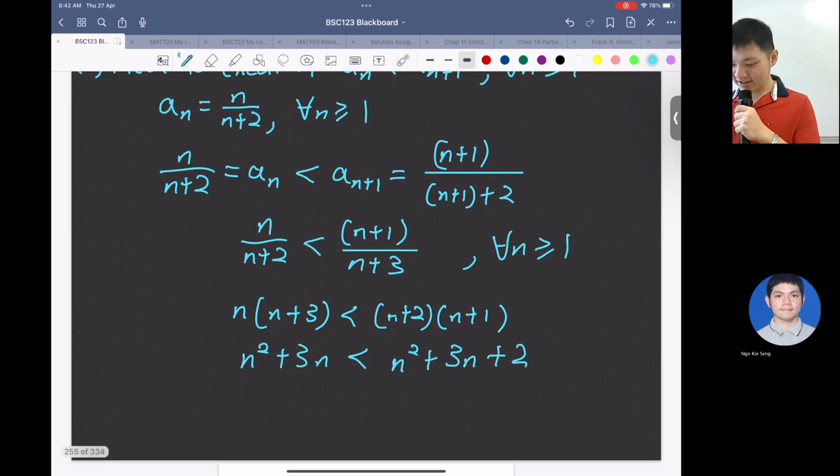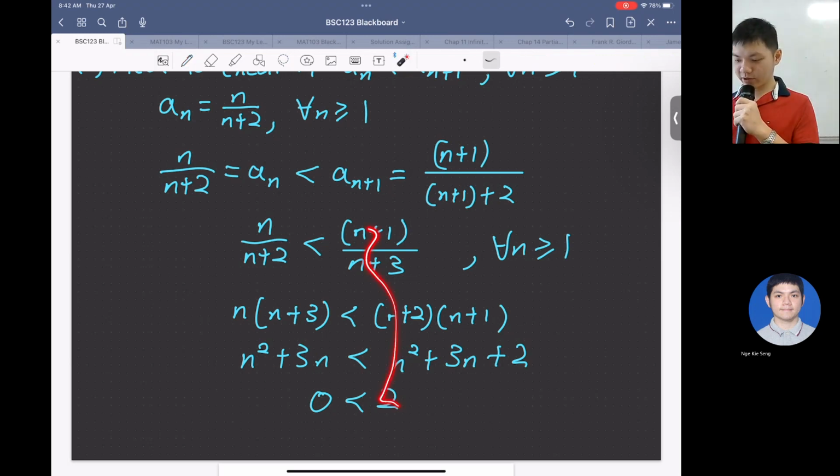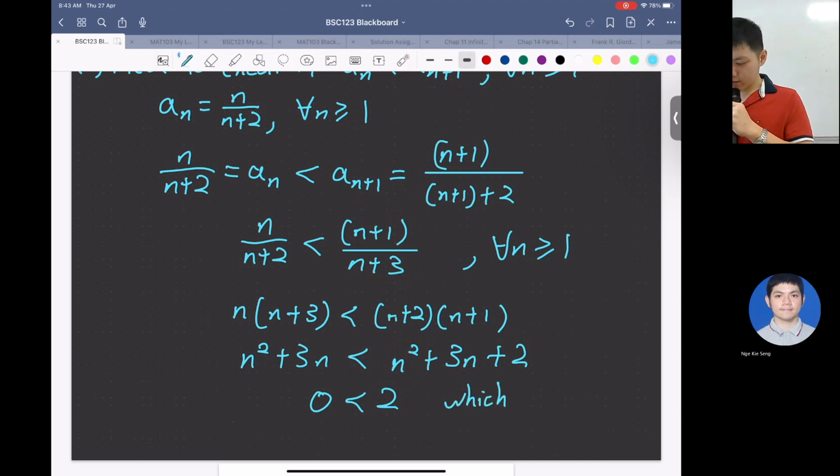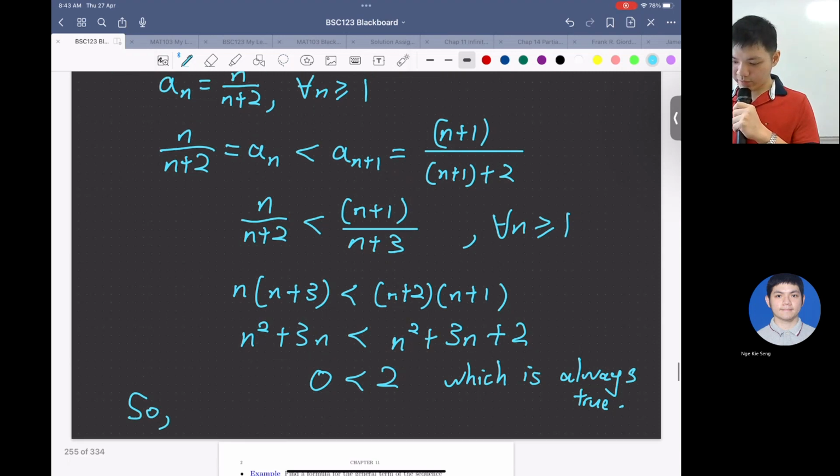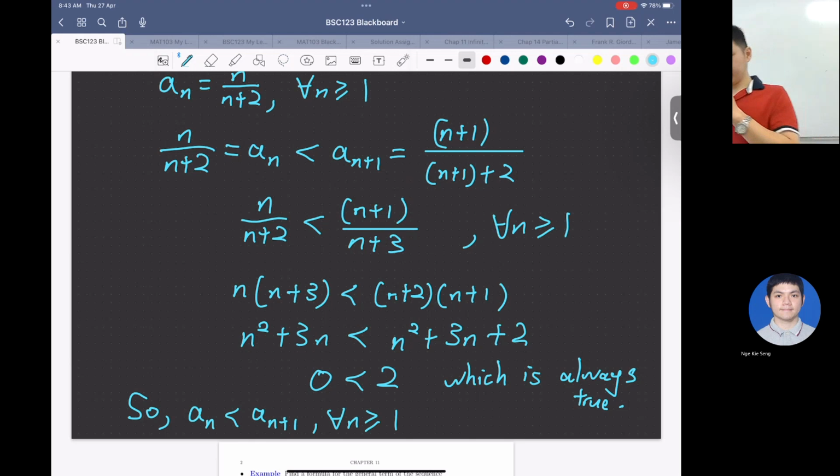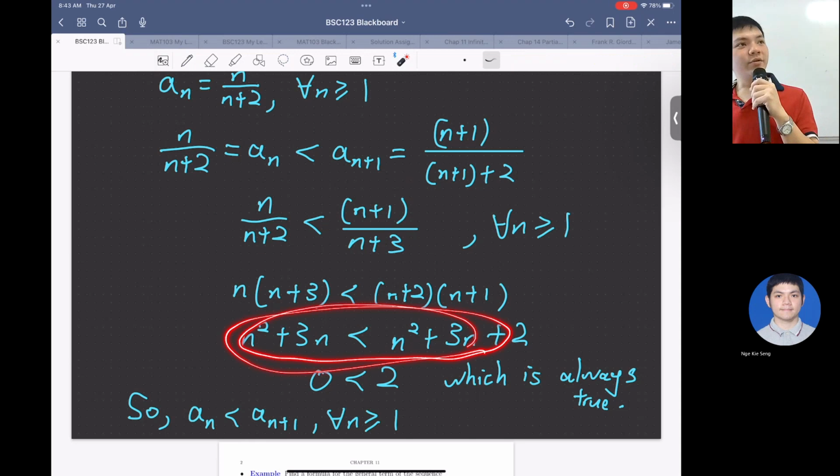This is 0 less than 2, which is always true. Every line will be true because you can go from bottom to top and top to bottom. So a_n is less than a_(n+1) for all n greater than or equal to 1.